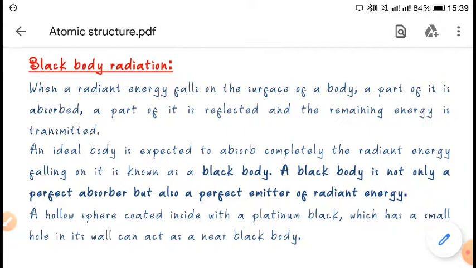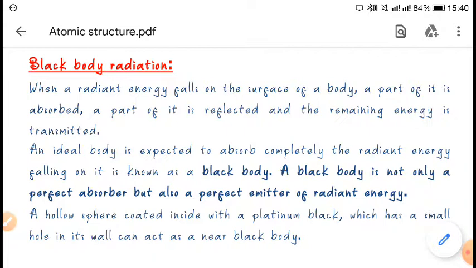Why is that t-shirt appearing red or blue or white in color? Because whatever light is falling on that t-shirt, it is absorbing all light except one. If it is not absorbing blue color, then that blue color is reflected back, so that is why we can tell the t-shirt is blue.